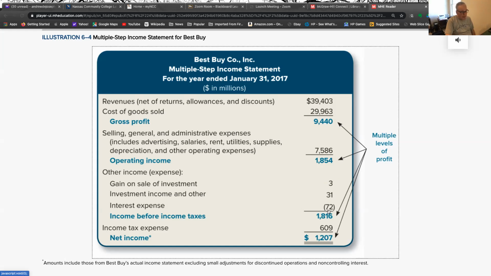And interest expense. Remember, interest expense doesn't go up here. Interest expense goes down here on the bottom, right? Interest expense is a non-operating expense. And why? Because not all companies have interest expense. Some companies borrow money and some companies don't. So how do you compare a company that borrows money to one that doesn't? You look at this number, this operating income number.